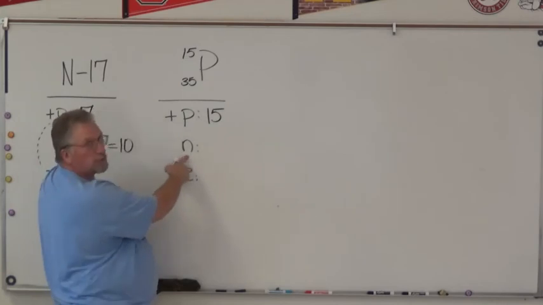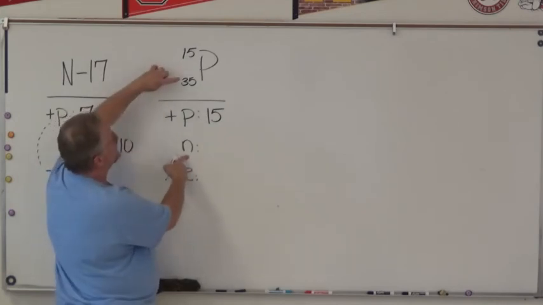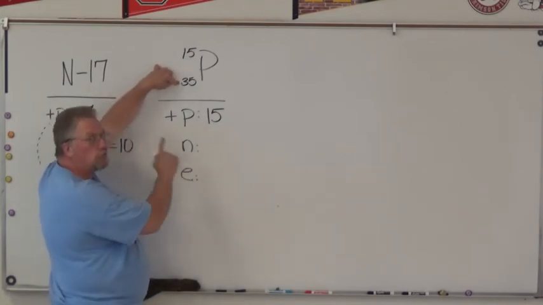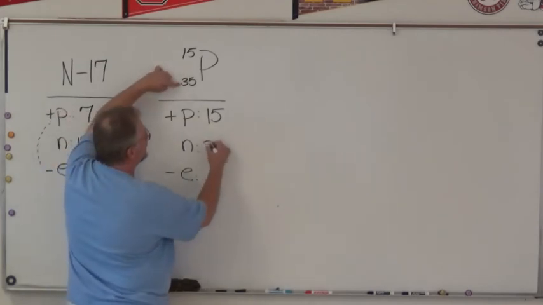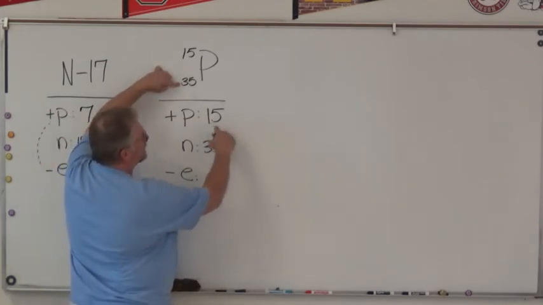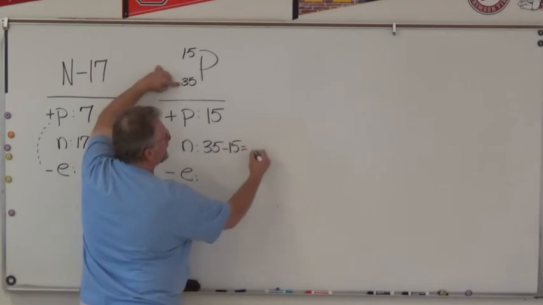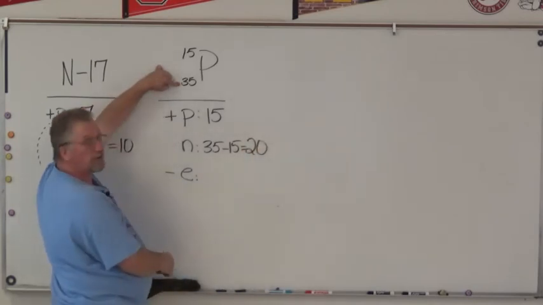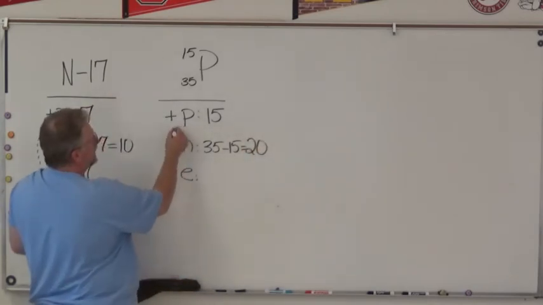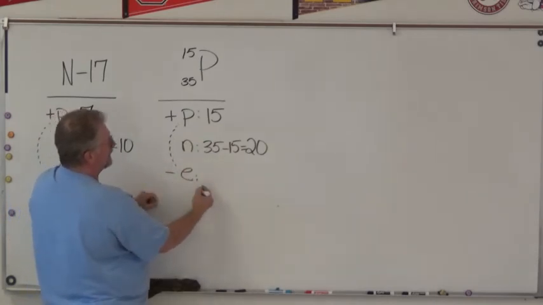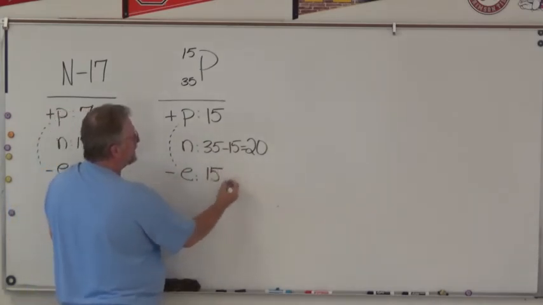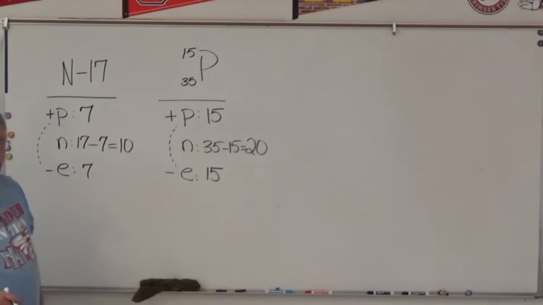Now we've got to find the number of neutrons. Remember, we got to subtract. They gave me this mass, so I'm going to use that mass. So we're going to use 35 minus the number of protons. This one's got 20 neutrons. And we're going to have the same number of positives and negatives. So the number of electrons is 15. You okay with that?